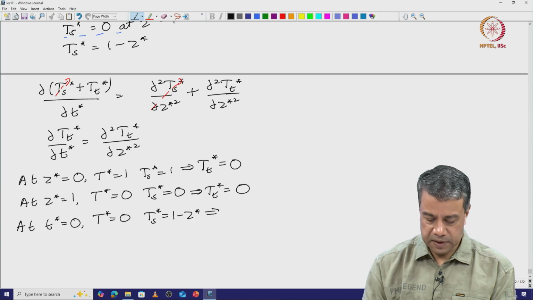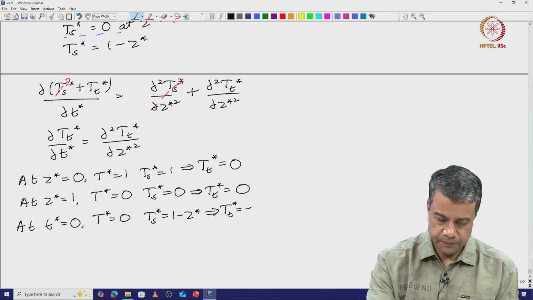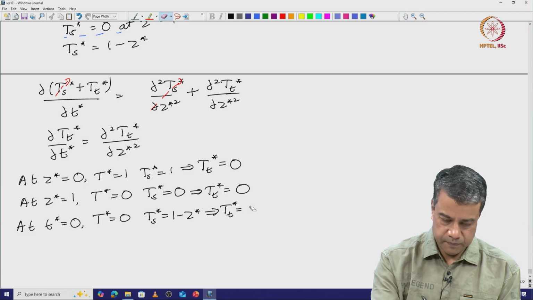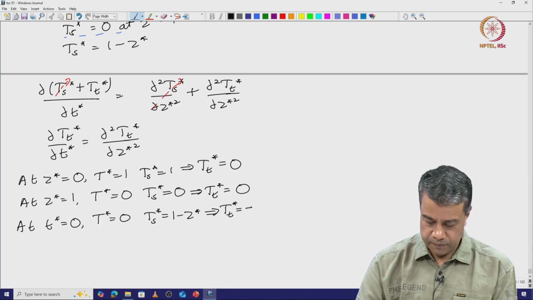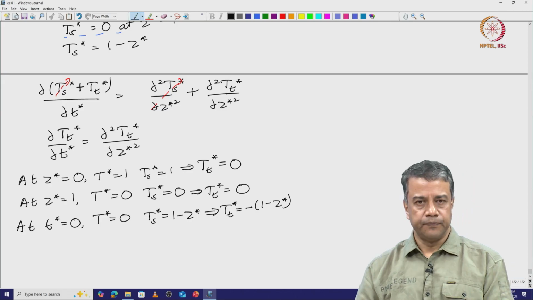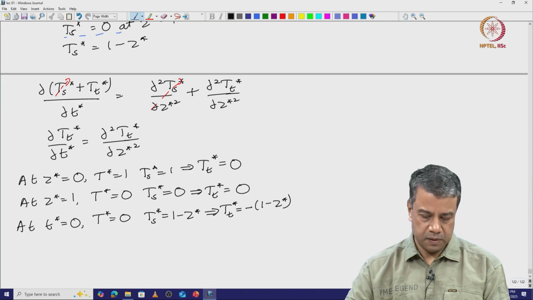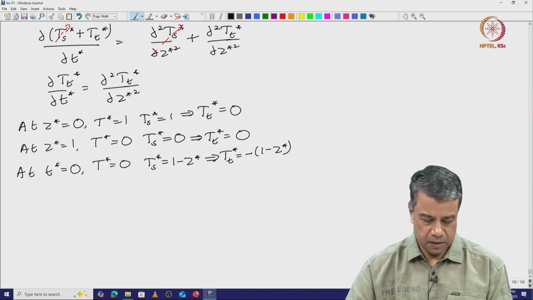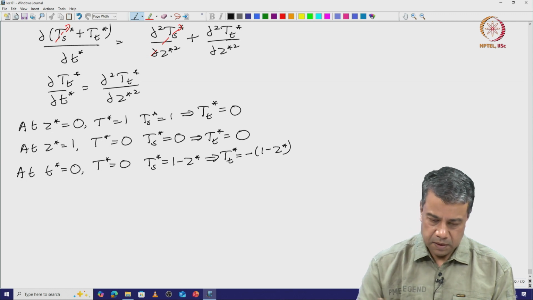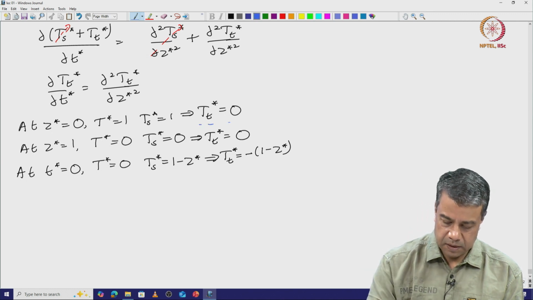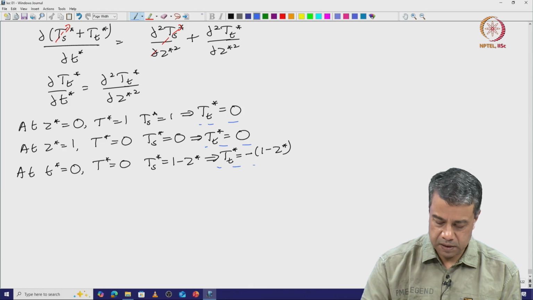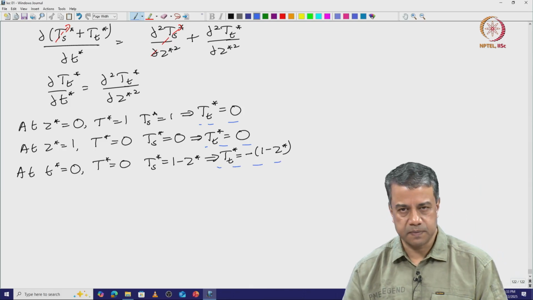And what that implies is that the transient part of the temperature is equal to minus of one minus z star. So, these are the boundary and initial conditions that are to be used to solve this problem.